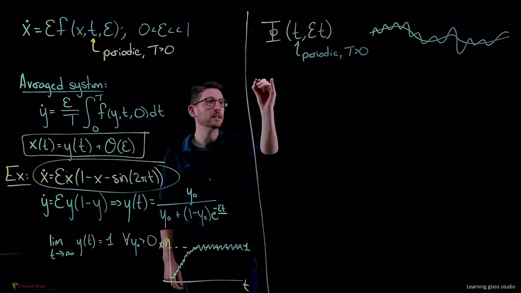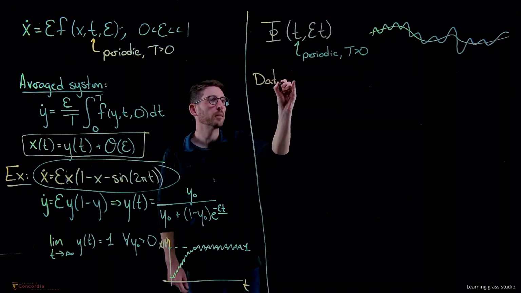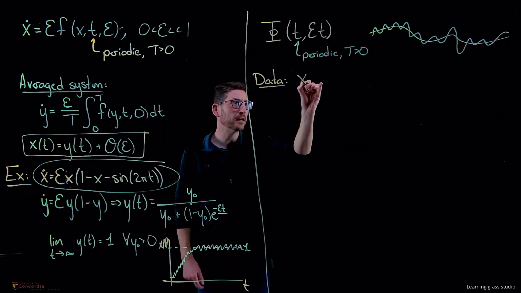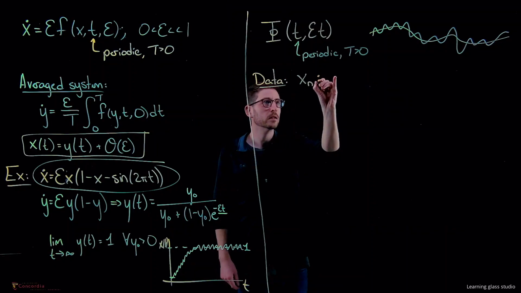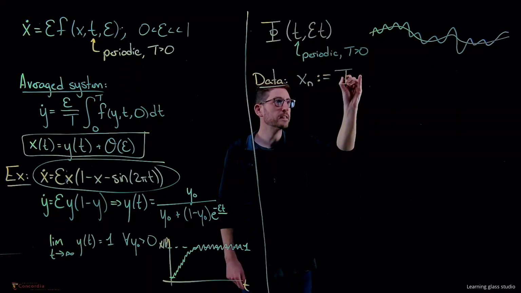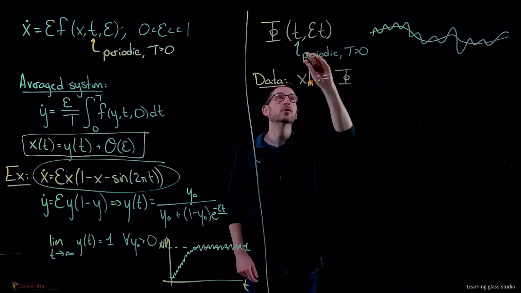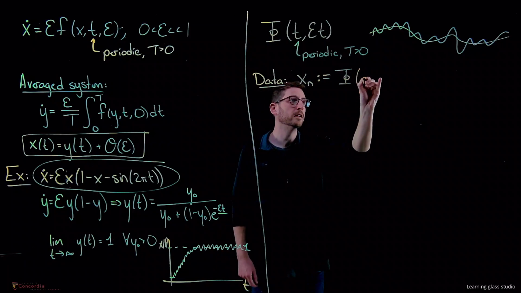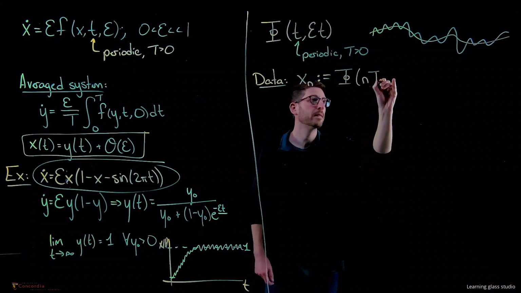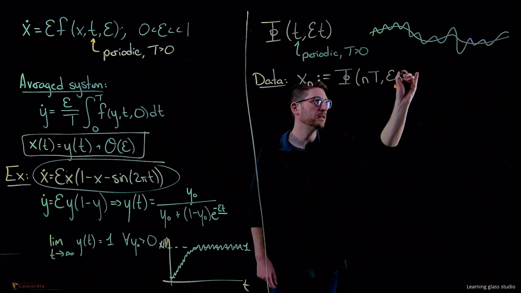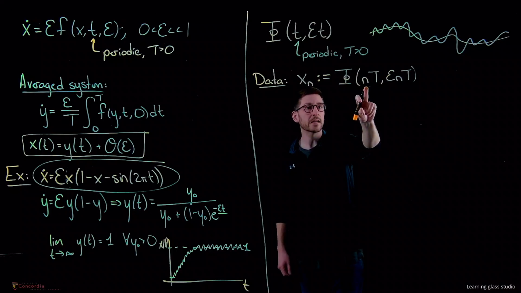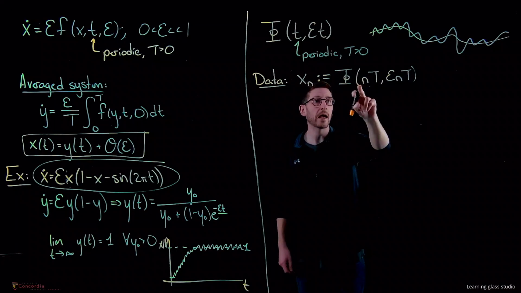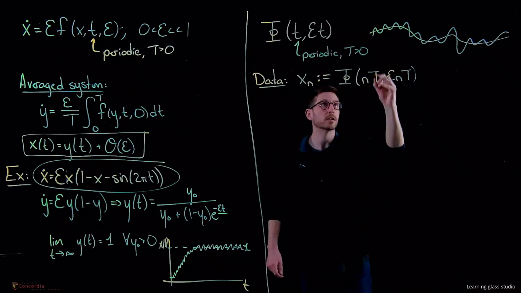Well, here's what I'm going to do. I'm going to collect data from the signal, and my data, I'm going to call it x sub n, is the signal after every single period, nT, and then epsilon nT. Right? So basically what I'm doing is I'm collecting data from the signal after every period of oscillation, right?